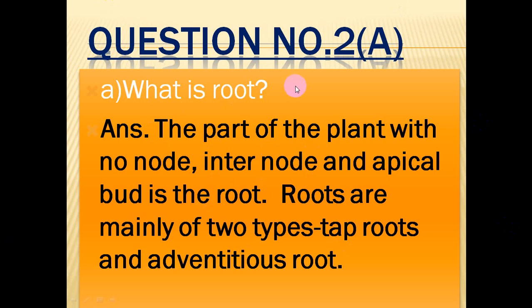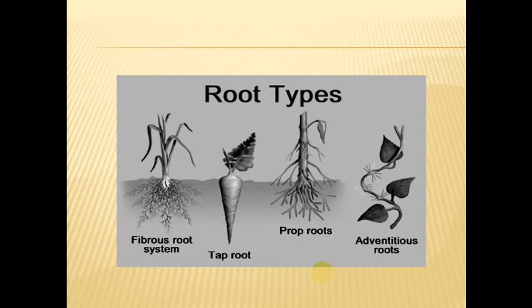If we give the definition of root, it is the part of the plant with no node, internode and apical bud. Roots are mainly of 2 parts, tap roots and adventitious roots. Okay, so here we will see the different types of root.